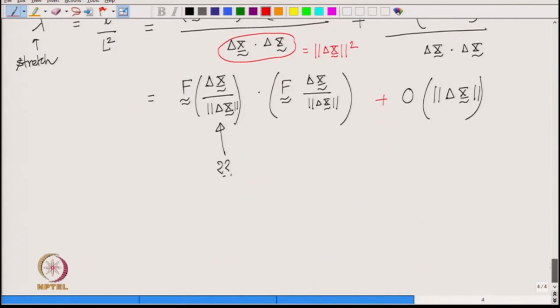So, finally, in our formula what we have is the direction of the line element. So, depending on which direction you want to measure the stretch, you have to put that particular direction here. So, supposing we call it by n. So, this is direction of line element.